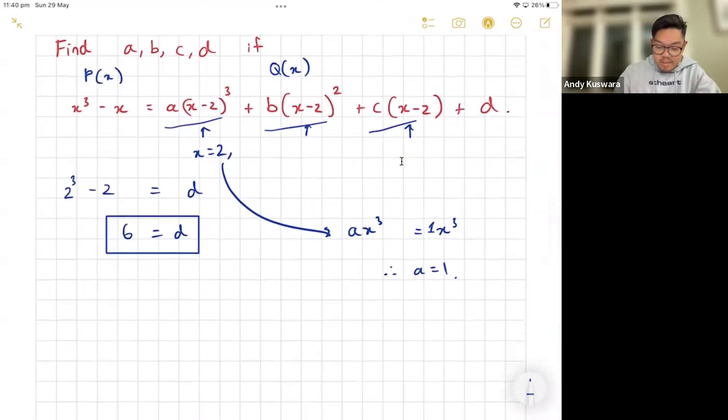In this case, b and c are kind of like x to the power of 2 and x to the power of 1. So in other words, let's just let x equal 0. Letting x equal 0, what we're going to have is 0 equals 2, and just letting everything that we know, it's going to be 1 times -8.